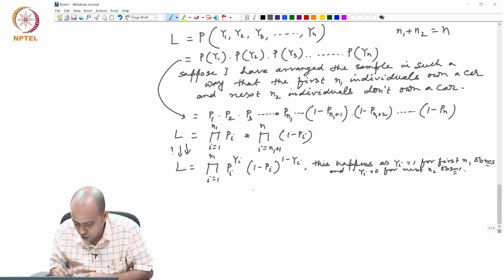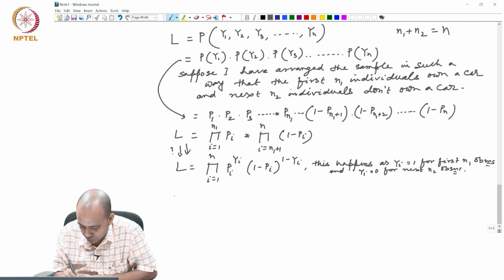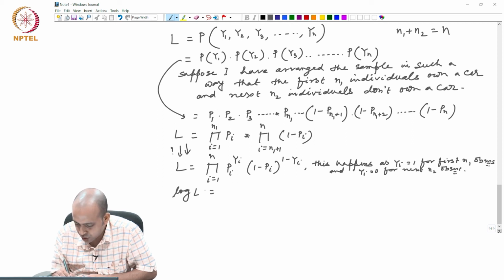Now, if you take log, then what will happen? If you take log of L, what can you write?